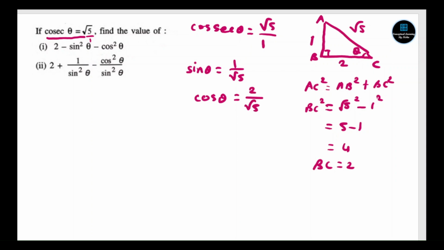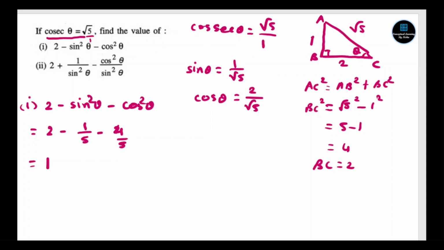And now we can find these values. The first one is 2 minus sin square theta minus cos square theta. Now substitute the values and simplify. So 2 minus 1 over 5 minus 4 over 5. I am directly taking the square of this. Now when I simplify this, the LCM is 5, so 10 minus 5 over 5. So I'll get 1. Alright.